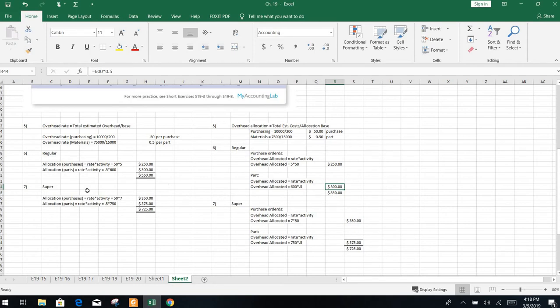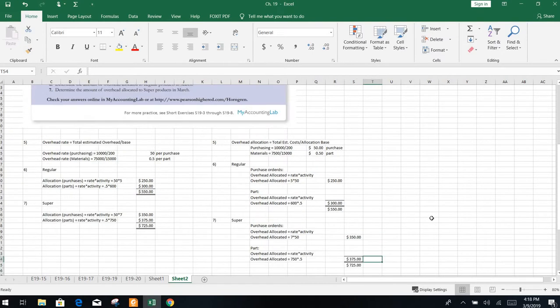So we got that right. And then for the super, we did $350 for the purchases, and we got $350 for purchases there, and then $375 for the parts, and $375 for the parts. So we got it right.